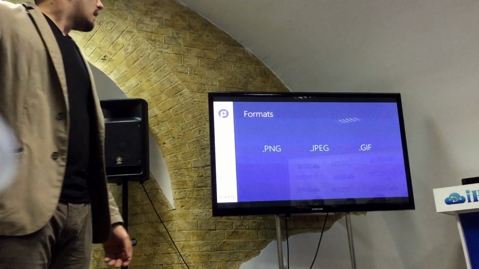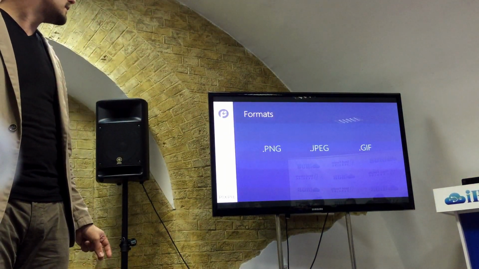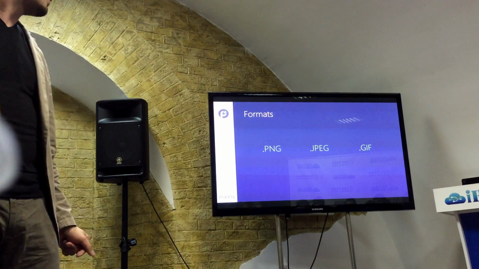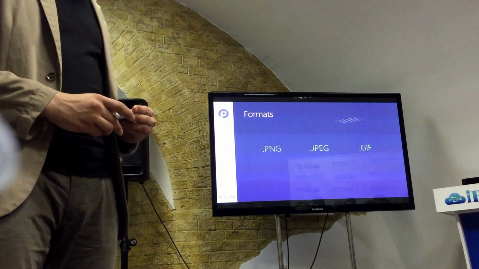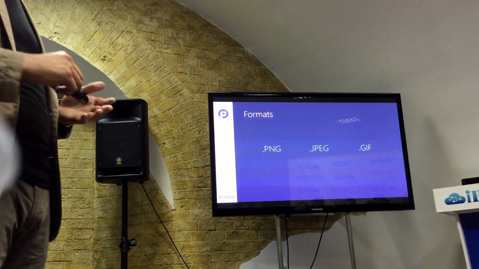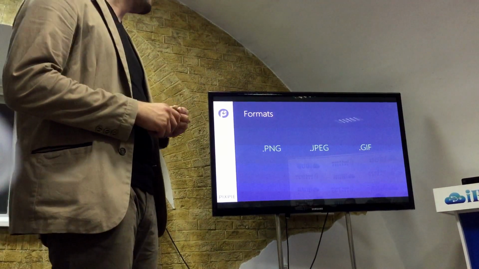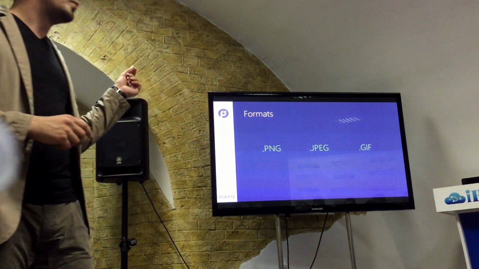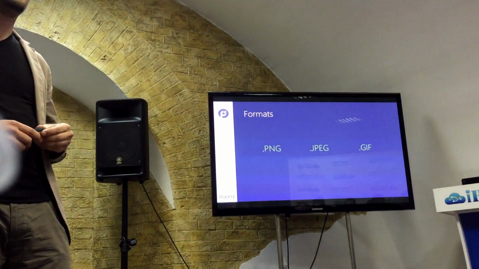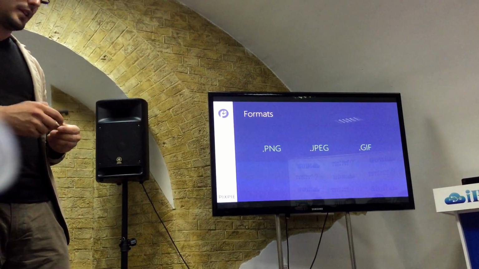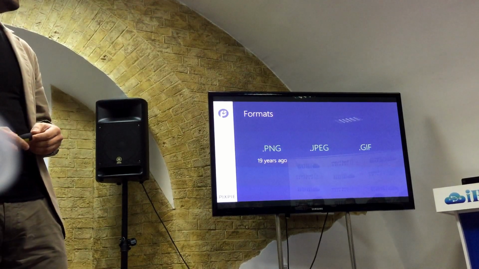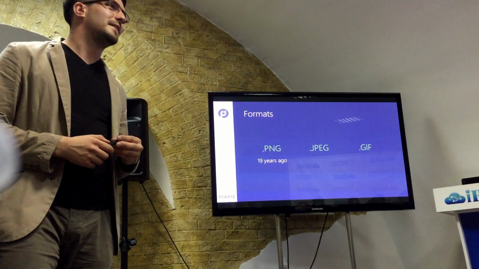So, formats. That is one more way how we can optimize traffic usage. Who knows how many years ago PNG was invented? 1990s, maybe. Okay, so it's 19 years ago. What about JPEG?